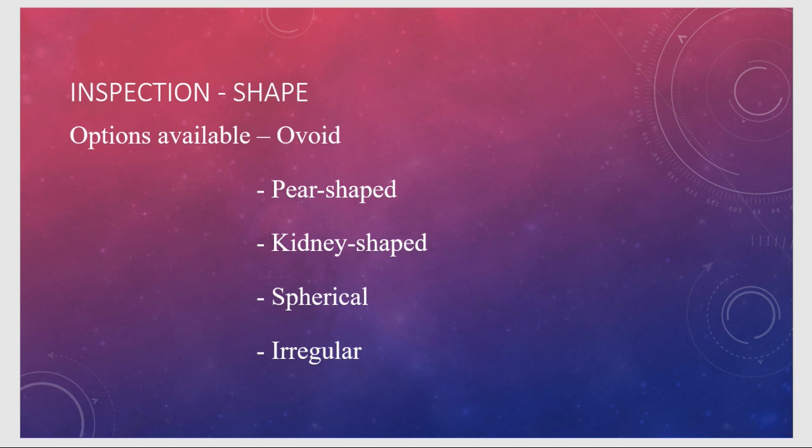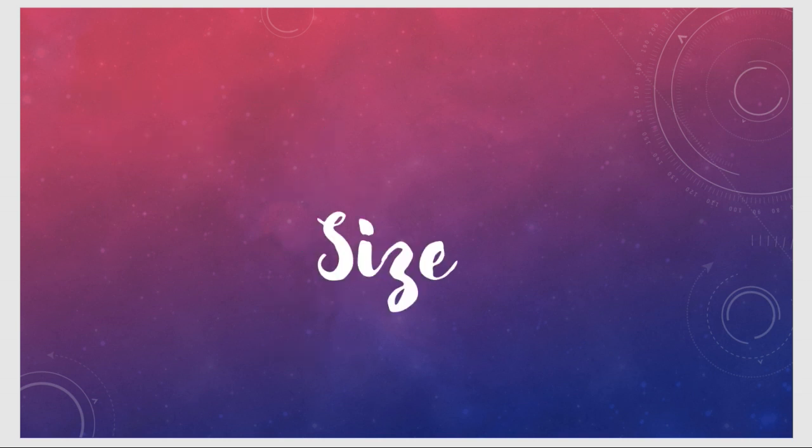So these are the various options available for a swelling. Plus sometimes the shape of any swelling can help us to reach a diagnosis. So this is also important to know, the shape of the swelling on inspection.